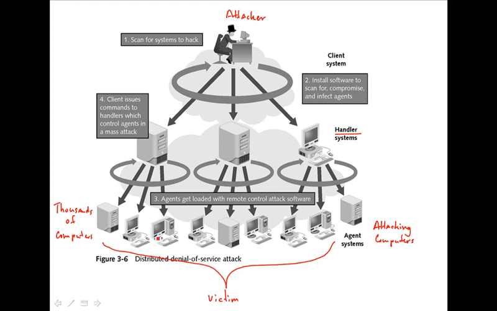And these attacking computers here, the agent systems, tend to be computers that have been compromised by one method or another. So their IP numbers are varied, and that makes it hard from the victim's end to block these. It's not like you can block a whole network like you could with a Smurf amplifier.